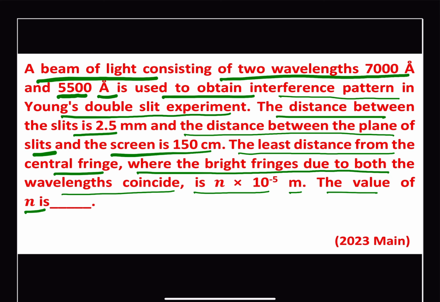So we have to find the least distance from the central bright fringe where both wavelengths are going to coincide. It means there will be a maximum for the first wavelength as well as a maximum for the second wavelength.